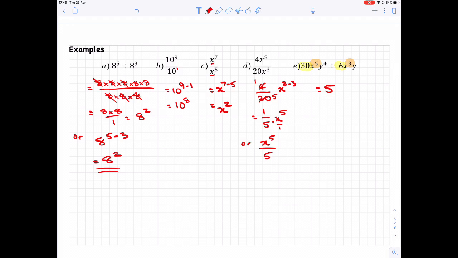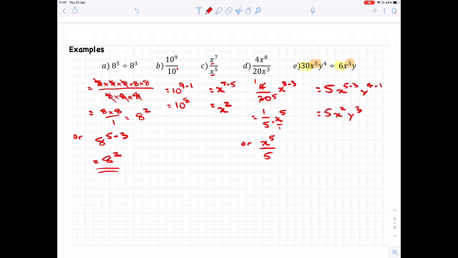So we've got x to the power of 5 minus 3. And now we're going to look at our y's, which is going to be 4 minus 1. So we're left with 5, x to the power of 2, y to the power of 3.